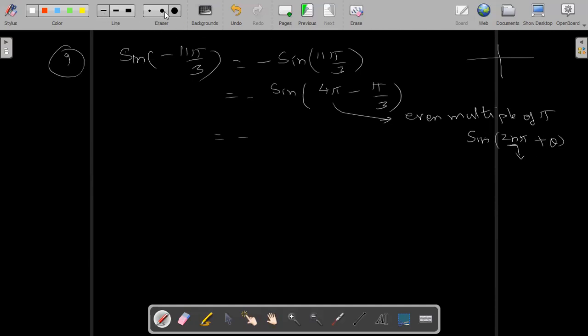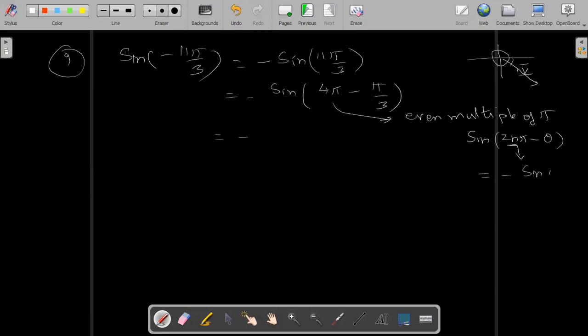So that's why. Now 4 pi means you can use 2n pi, but this is not plus; now we have 2n pi minus theta. So here it is minus theta. That means we are in the fourth quadrant. 2n pi minus theta means 360 minus theta, fourth quadrant. In the fourth quadrant, sine is negative, so minus sine theta.